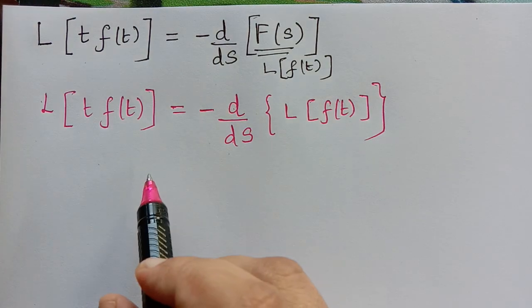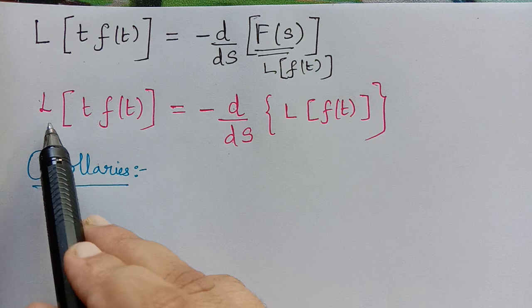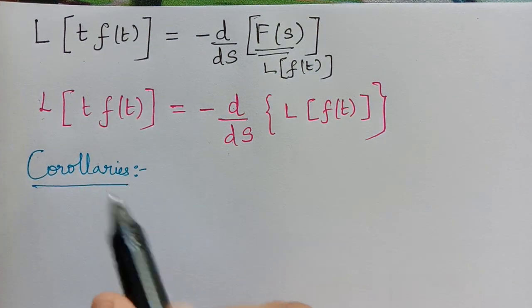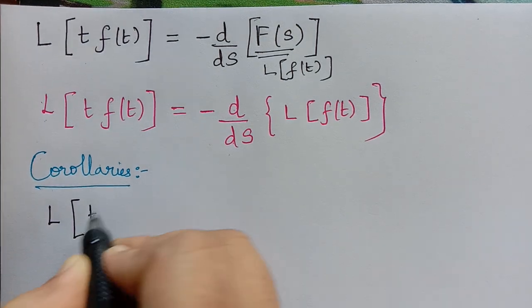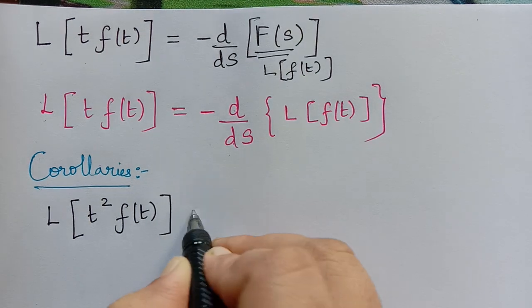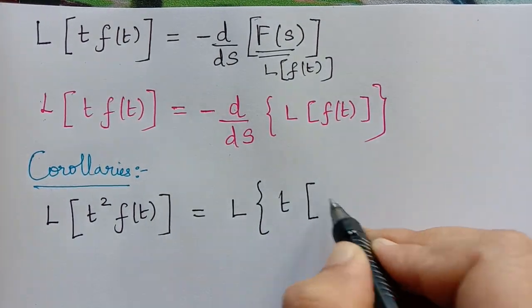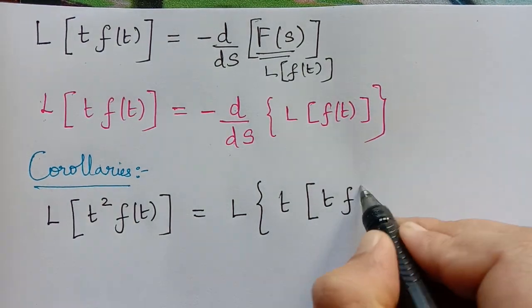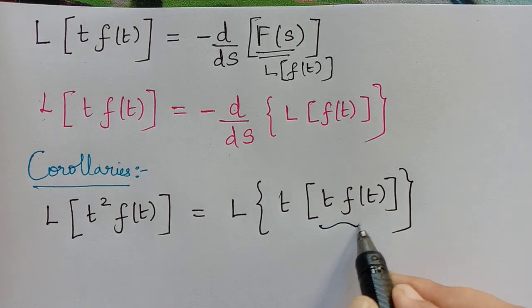Now we will see the corollaries. The first corollary: previously we have found L of t f of t. Using this we have to find L of t square f of t. Now this can be rewritten as L of t multiplied with t f of t. So here the function becomes t f of t.